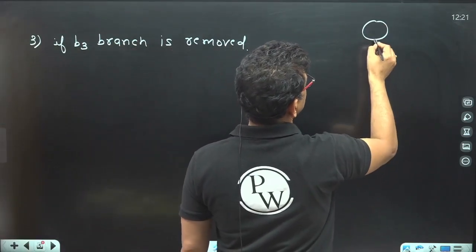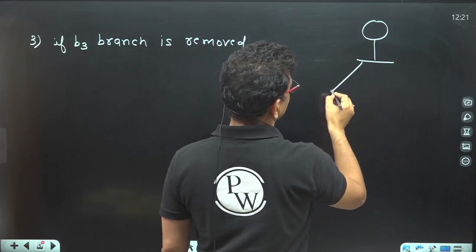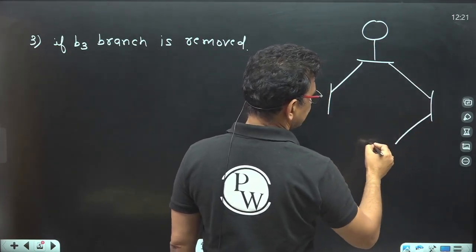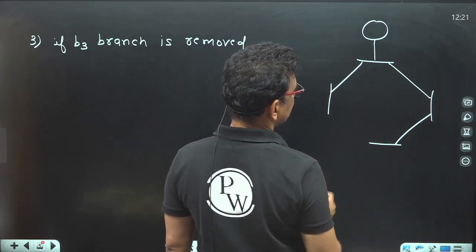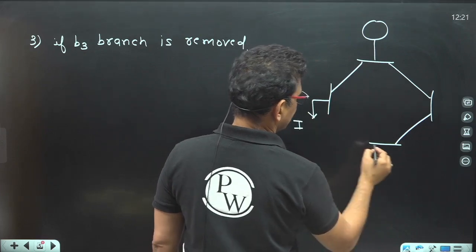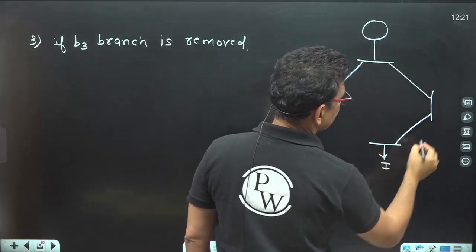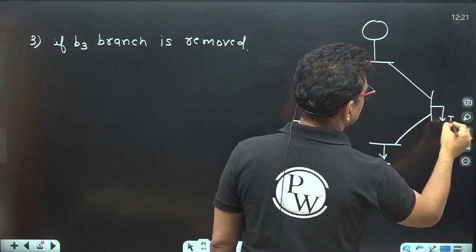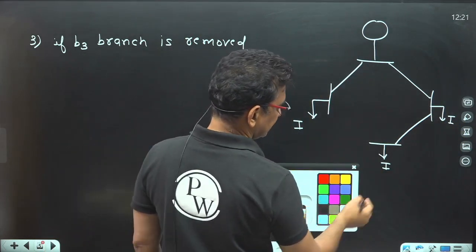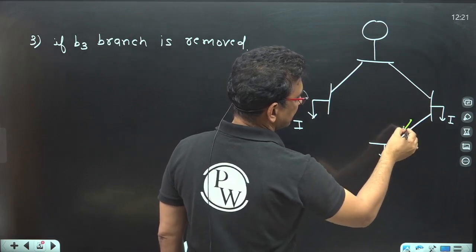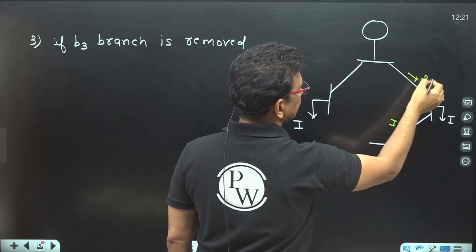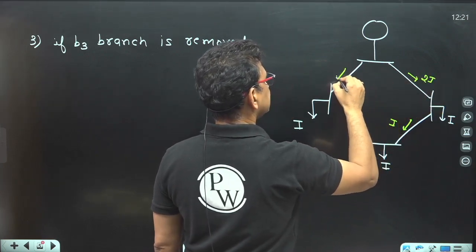So B3 branch is removed and the system is reduced in this form. The current is I at each load. Now apply Kirchhoff's current law here. The current in this branch will be I, and the current in this branch becomes I plus I, 2I. This current is I.